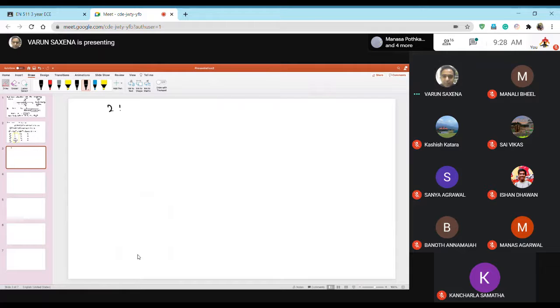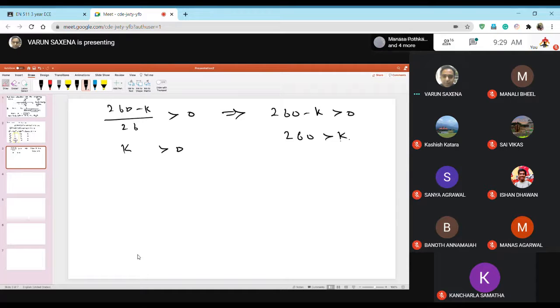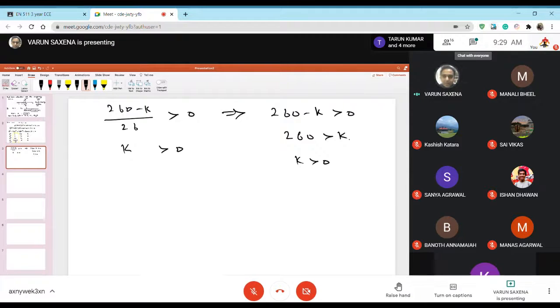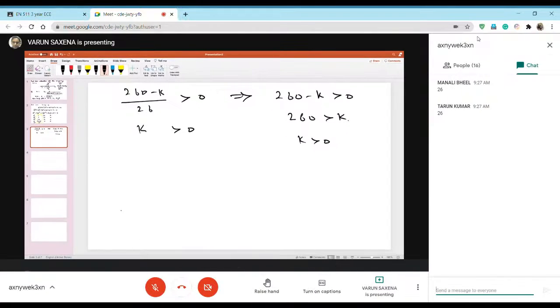One condition is that (260 minus K) divided by 26 must be greater than or equal to 0, and second is that K is greater than or equal to 0. So this condition translates to 260 minus K greater than 0, which translates to K is less than 260 and K is greater than 0, right?